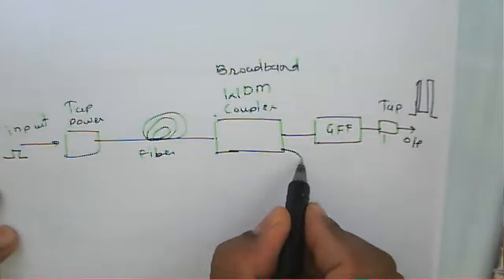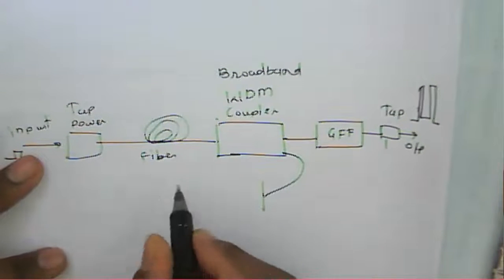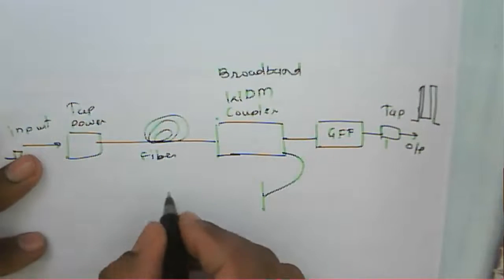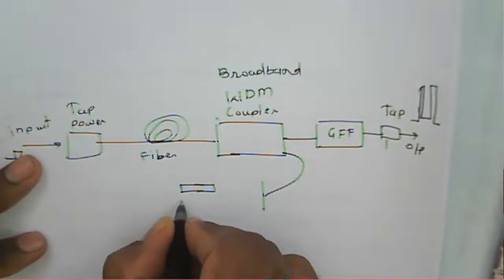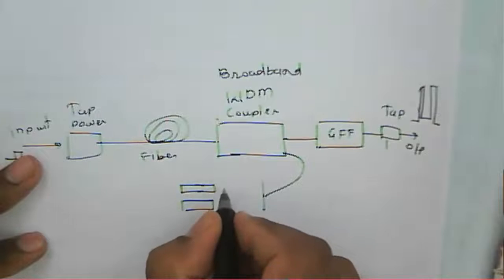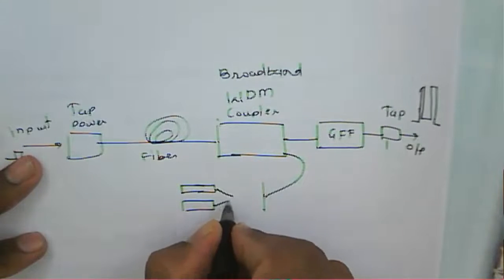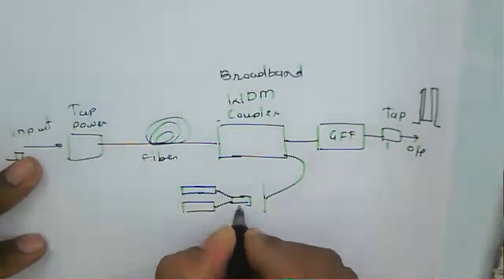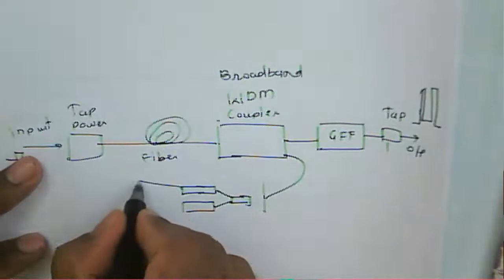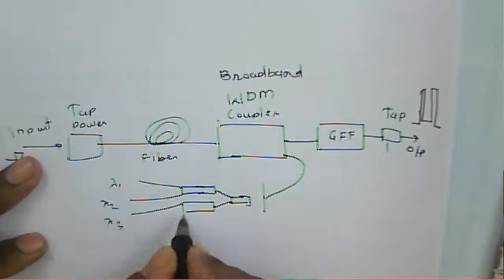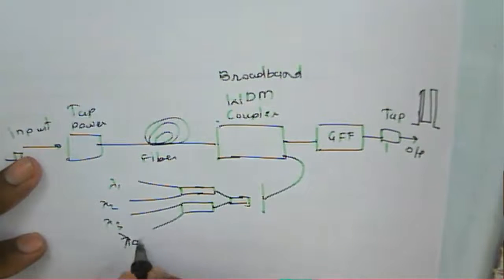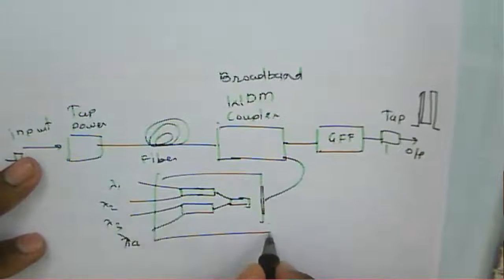And here we require pumping. Here we have a pump-to-pump combiner, because the pumps operate at different wavelengths, so it combines the different pumping sources, lambda 1, lambda 2, lambda 3, lambda 4.